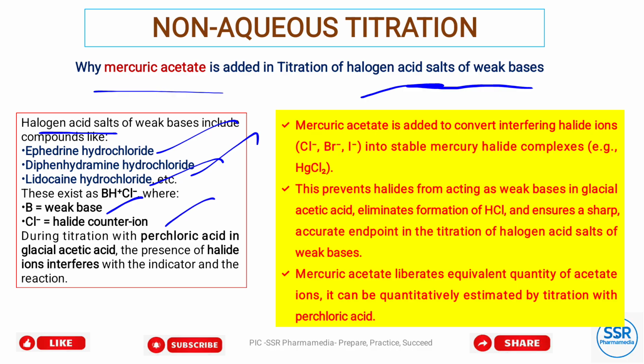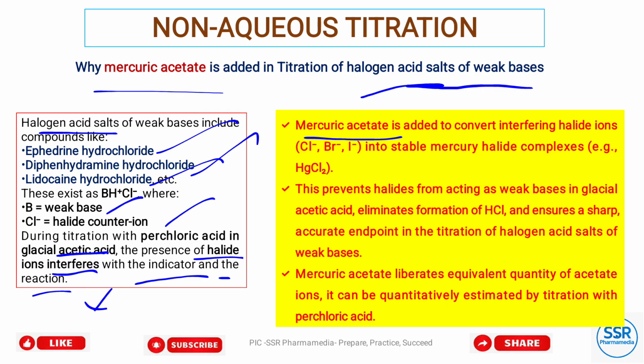During titration with perchloric acid in glacial acetic acid, the presence of halide ions interferes with the indicator and the reactions, and may affect the endpoint. In order to prevent that interference, we add mercuric acetate.